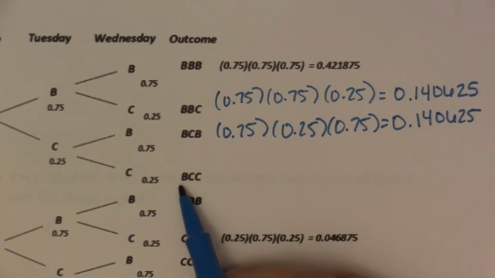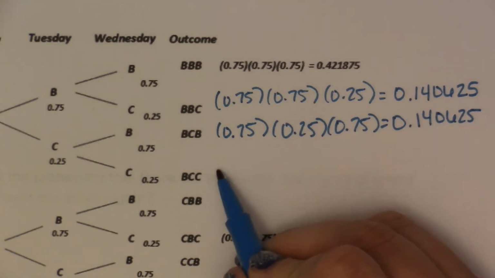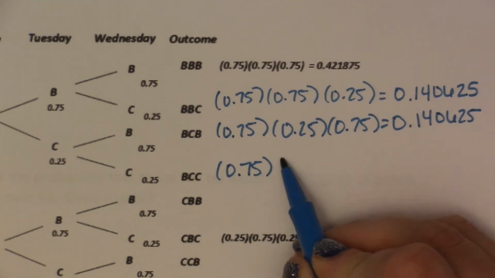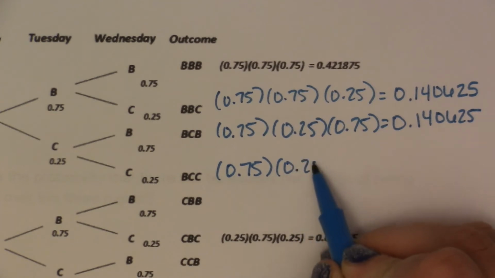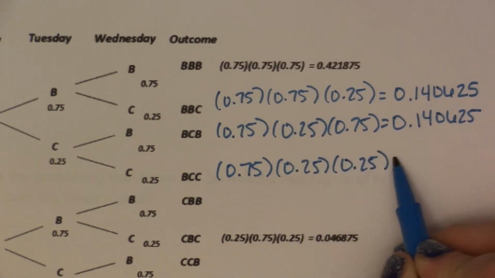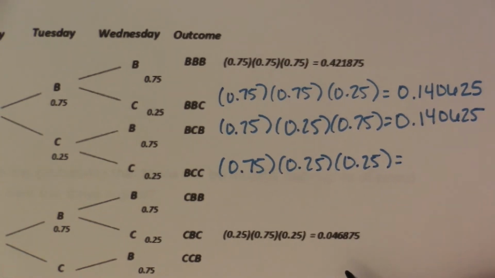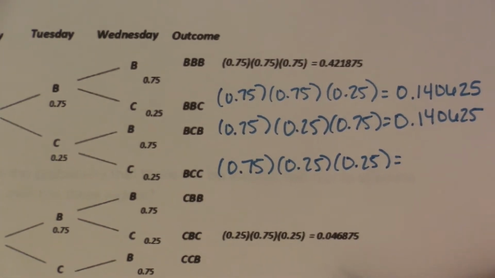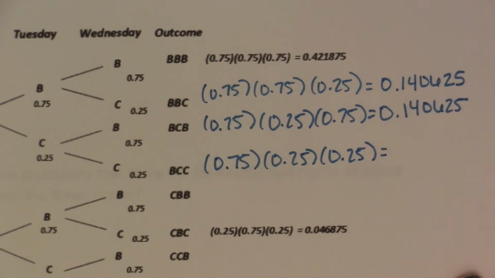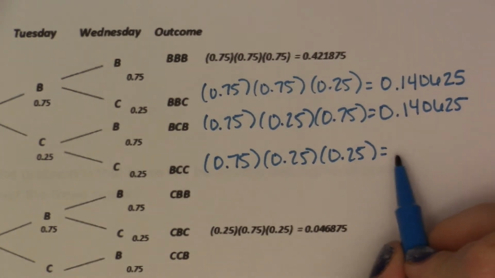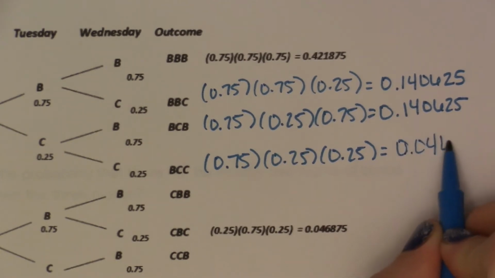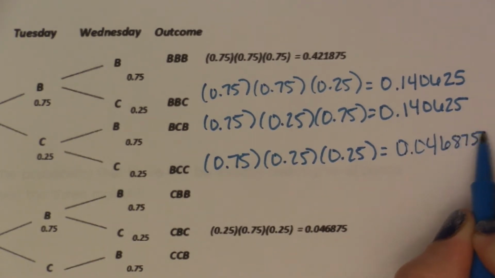Okay, so we're going to do board game, card game, card game: 0.75, card game is 25%, and then another card game. When we multiply those together, we get 0.046875.